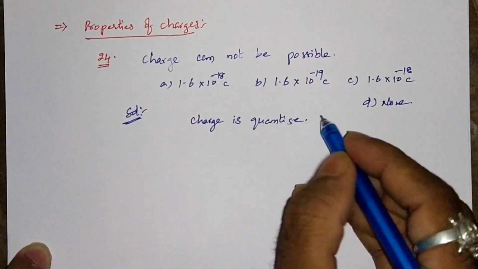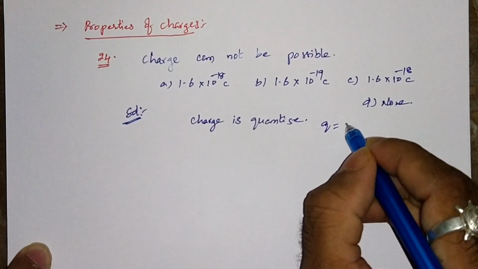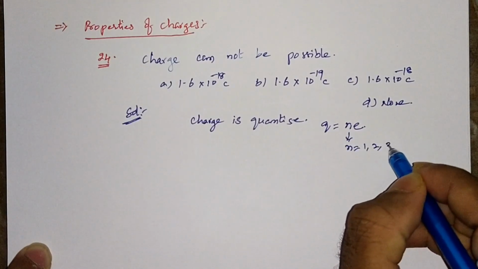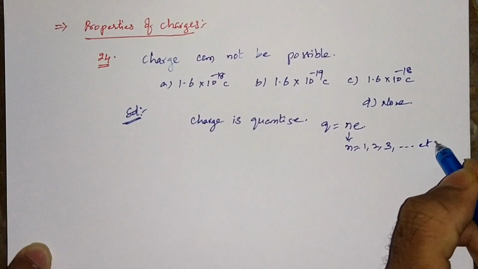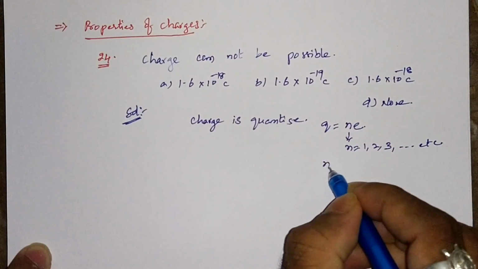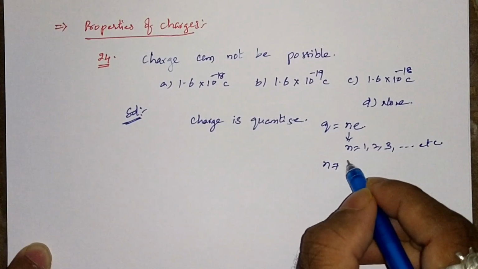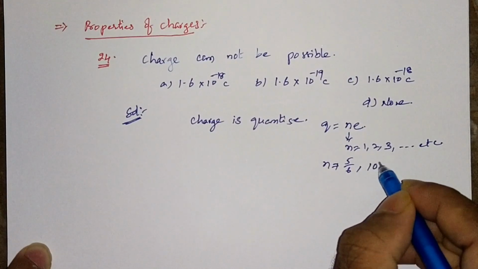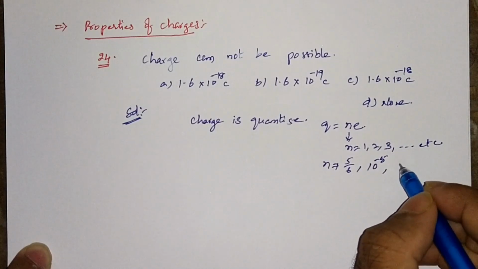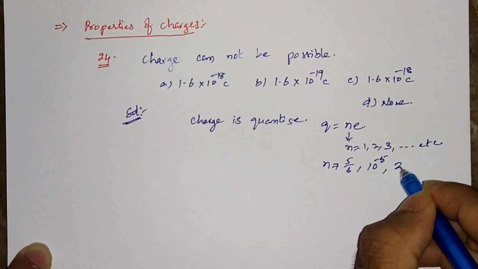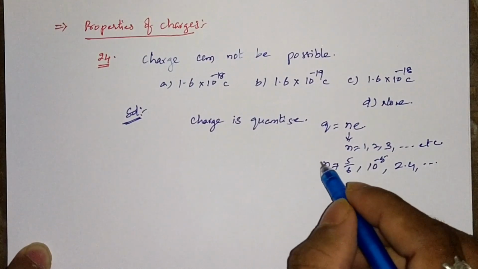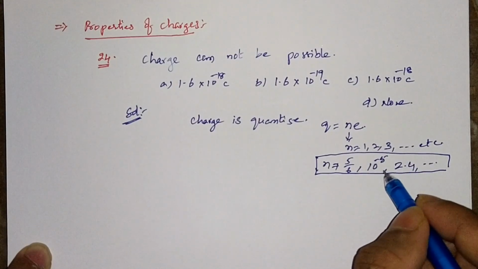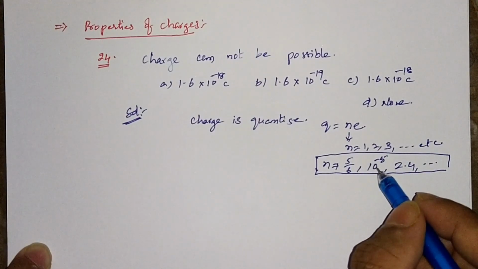According to quantization, the formula of charge is Q is equal to Ne, where N is a number that has the values 1, 2, 3, etc. The N value cannot be a fractional number like 5 by 6, and it cannot be fractional decimal values like 2.4, 2.6, etc. These are not possible values. When you calculate the N value, if you get these values, then it is not a possible charge. So let us see that.